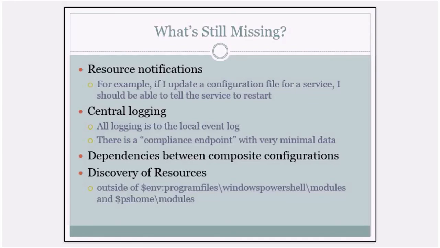Well, we can treat composite configurations like resources except for setting dependencies. That's a bug in V4, and supposedly it's being resolved in V5. We'll see. I hope so, because that's a real big one.